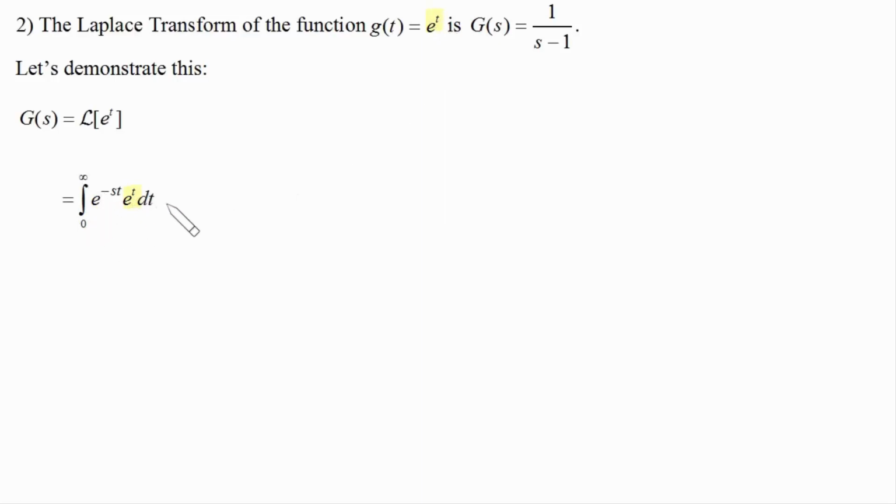And now we have to do integration with respect to t. Using the algebra of exponents, we can rewrite this as e to the 1t minus st, which is 1 minus s times t. What we have is the integral of an exponential with a constant times t. I mean, as far as t goes, s is a constant.